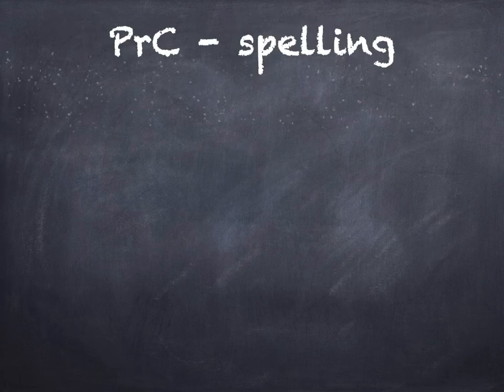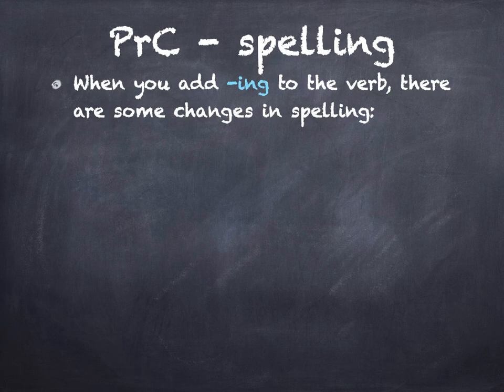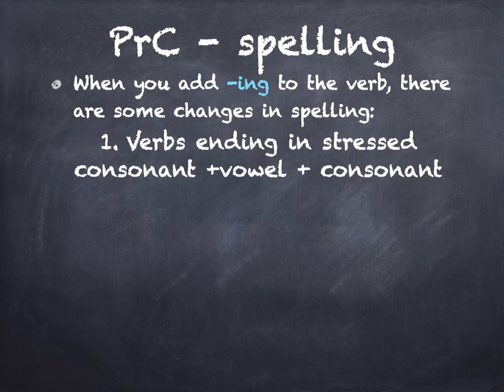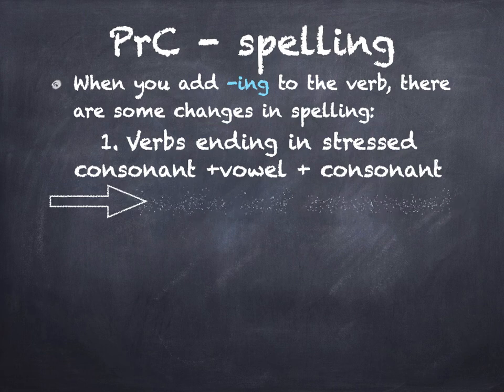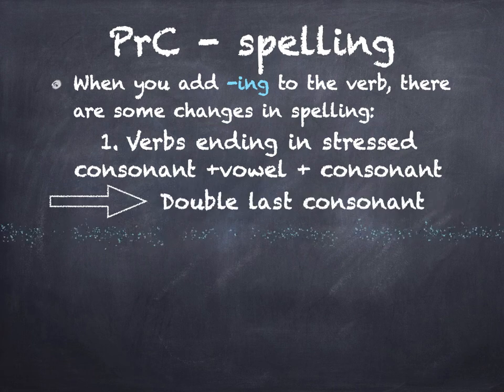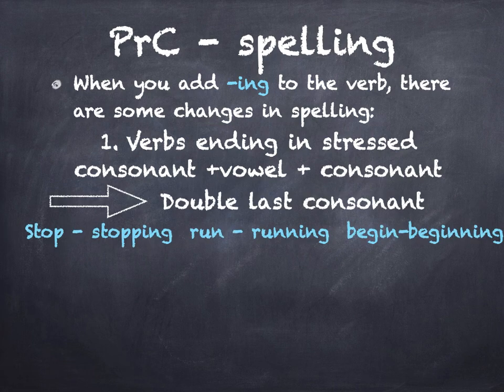Now, as we add an ing to the verb, we of course have changes in spelling. So, what are the changes in spelling when we add ing? Well, the most common, the one that we usually forget, is that verbs ending in stressed consonant, vowel, consonant double the last consonant. That is the case, for example, of stop, run, and begin.